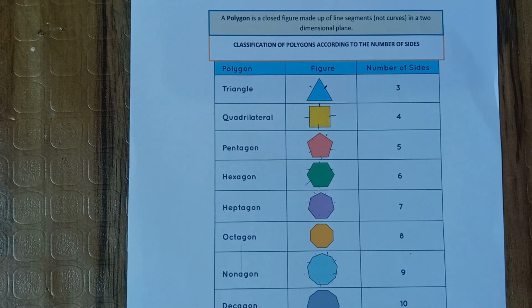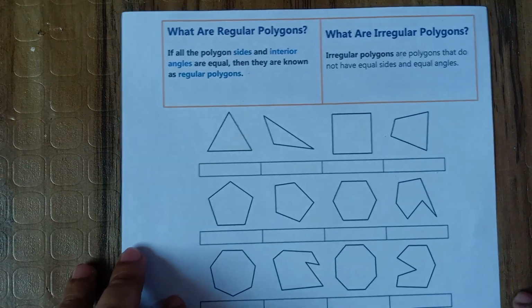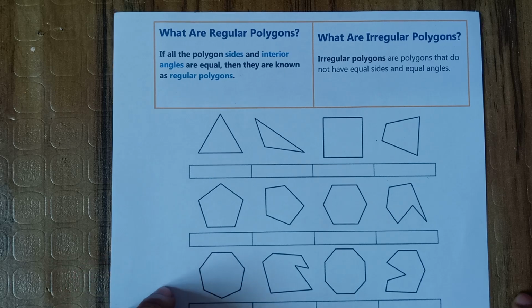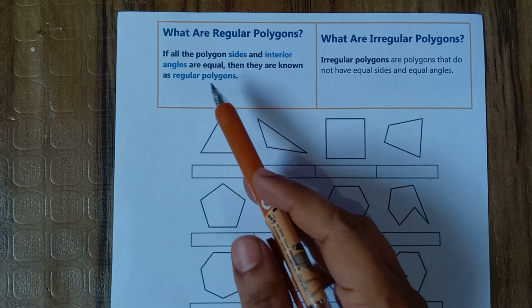Alright, so let's proceed now to identifying polygons, whether regular or irregular. Let's talk about what regular polygons are. If all the polygon sides and interior angles are equal, then they are known as regular polygons.